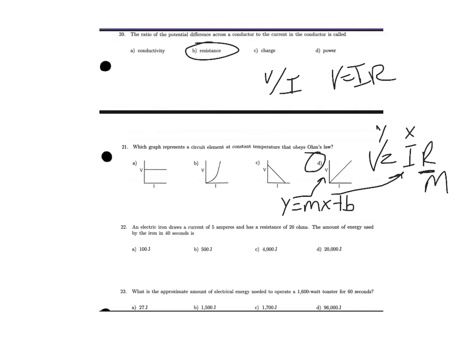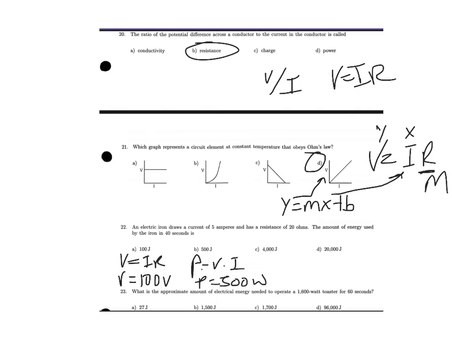An electric iron draws 5 amps of current and has a resistance of 20 ohms. The amount of energy used by the iron in 40 seconds is... So again, we're going to do V equals IR first to find the voltage, which would be 100 volts. And then we're going to do power equals voltage times current to find the power, which would be 500 watts.